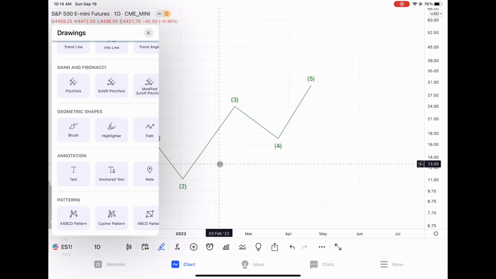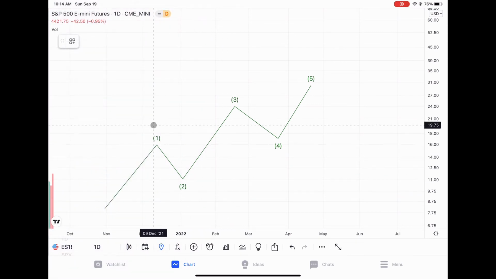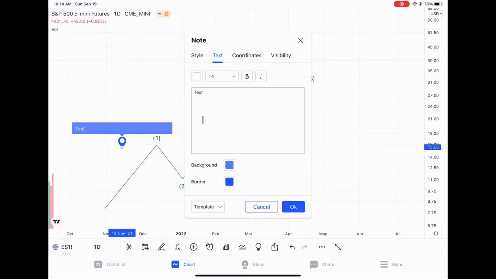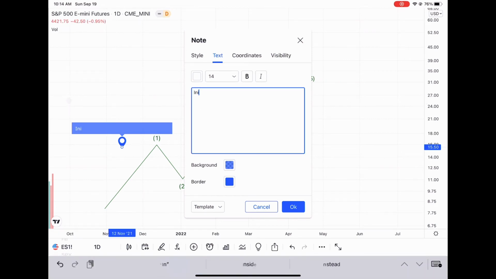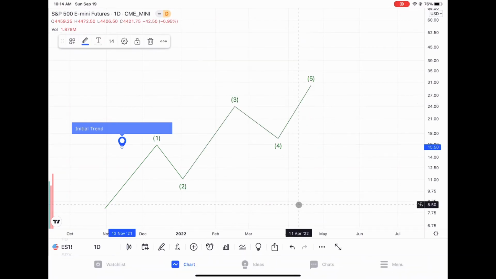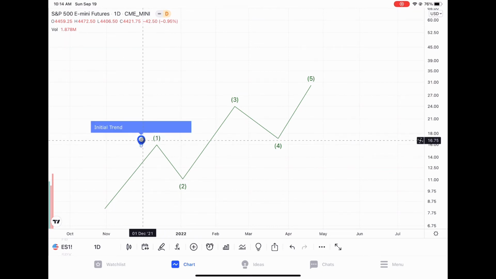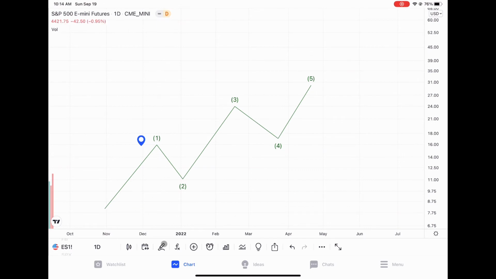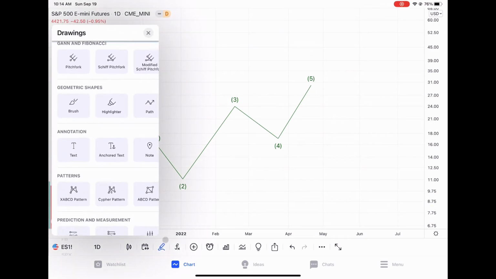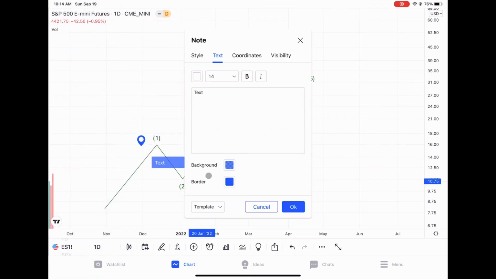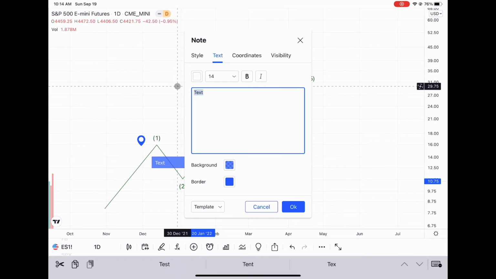So now, let me make a few notes. Okay, so 1 is the initial trend. And if you miss the initial trend, you can start calculating for a good entry for wave 2.